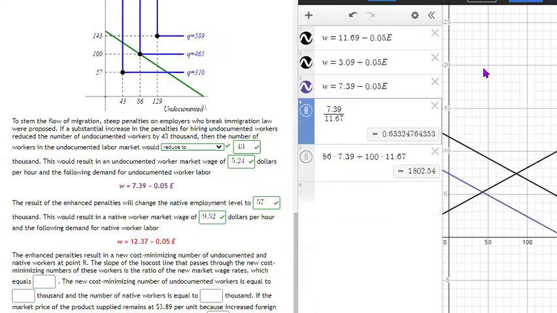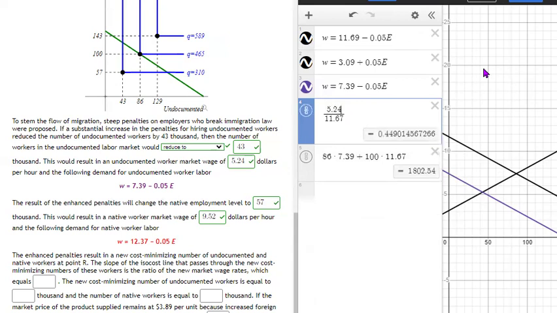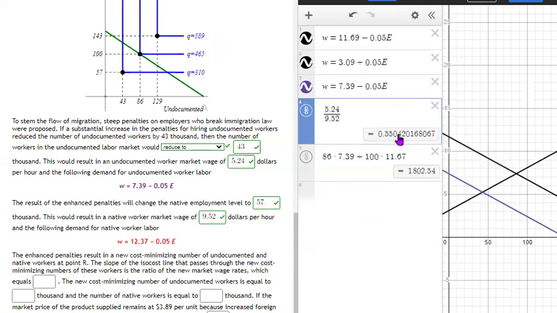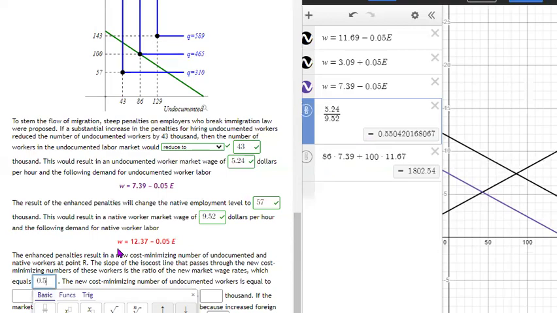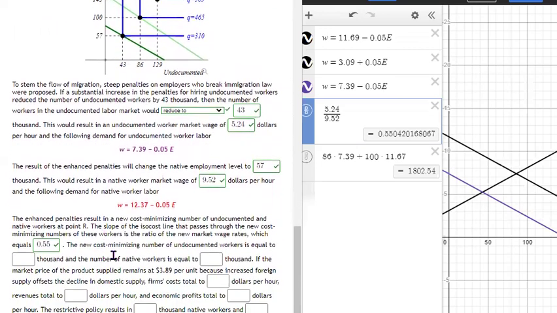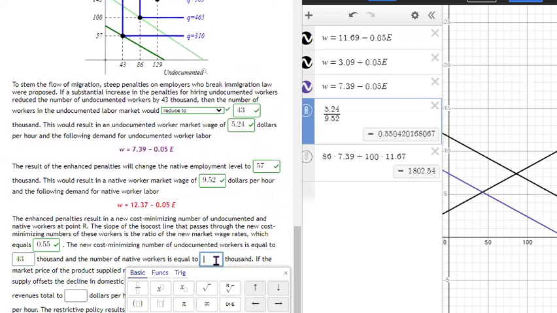I'm going to change this to the new market wage for undocumented immigrants, 5.24, and this down here to the new market wage for native-born workers, 9.52. The new slope is 0.55. The iso-cost line shifted from this light green line to this dark green line, and the optimal solution went from this black dot to that black dot. The new cost minimizing number of undocumented workers is 43,000, and the number of native-born workers is 57,000.